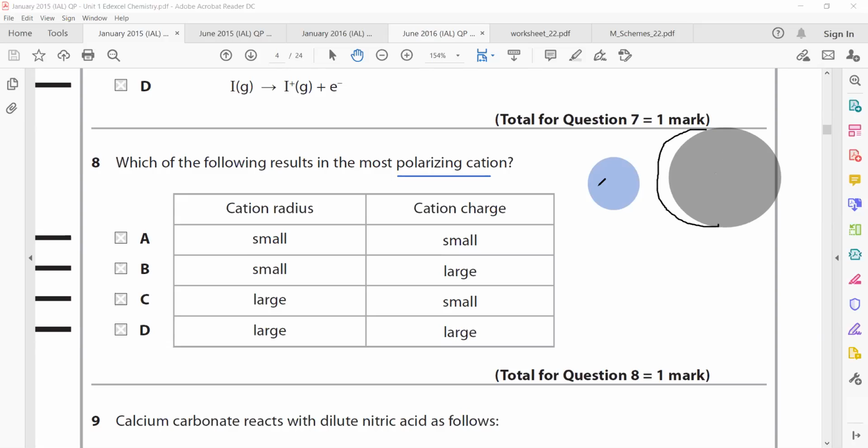So which negative ion will have greater distortion? The positive ion should be smaller. When the positive ion is smaller, it can attract the electrons easily, and the negative ion should be larger. That's why B is the right answer.